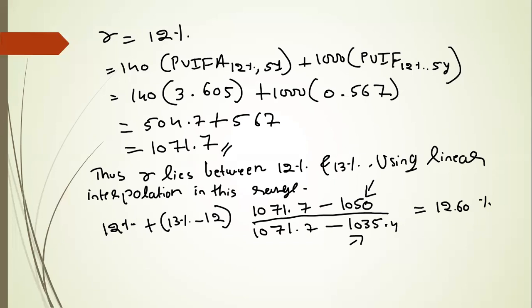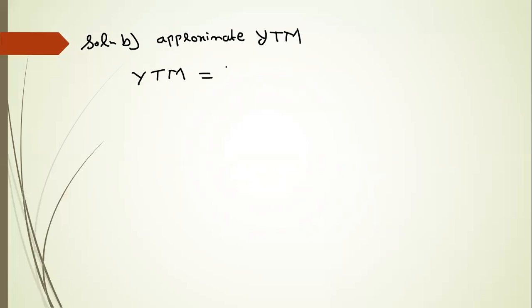Now the second question says, what is the approximate YTM? Okay, approximate YTM, solution to question B. Calculating the approximate YTM. So the standard formula for this: here we know that there is an exact formula to calculate YTM.